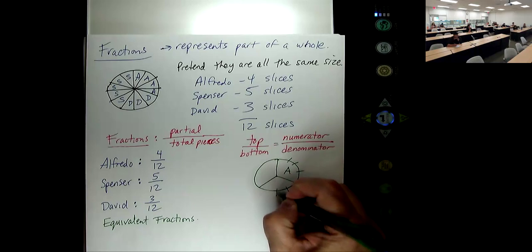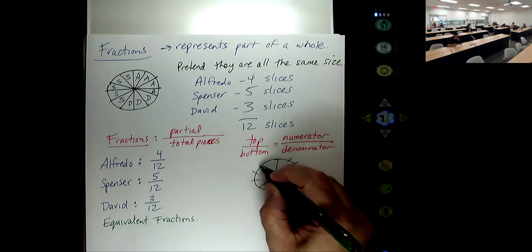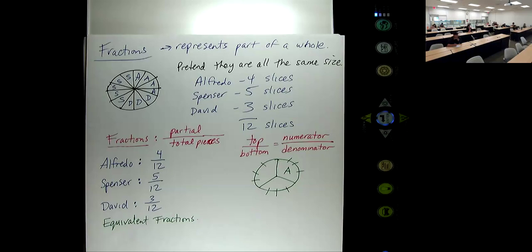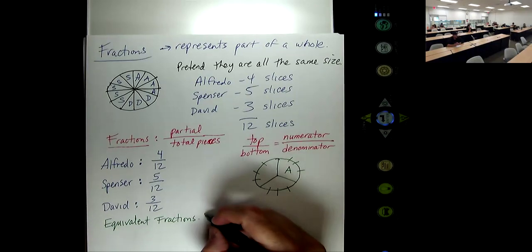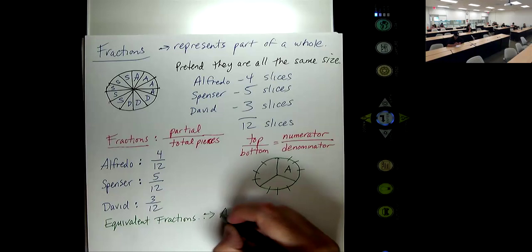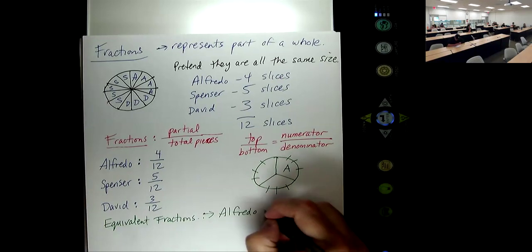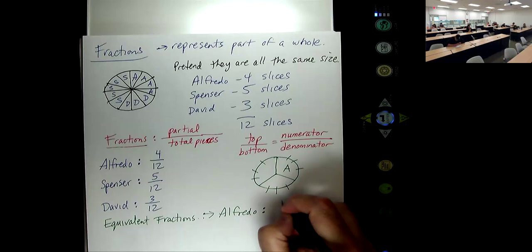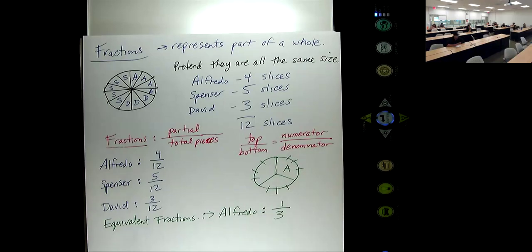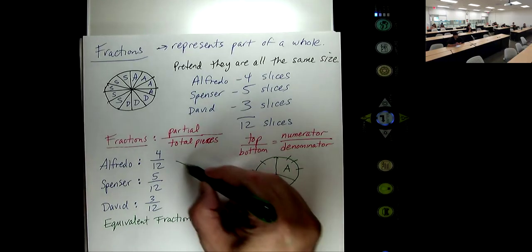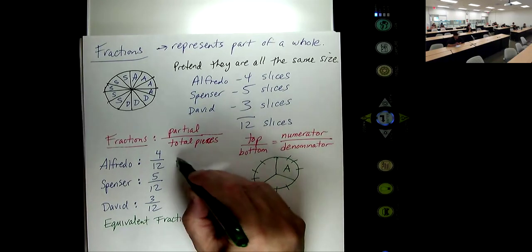I could have this over here as 4 slices and this over here as 4 slices. But I can also rewrite this for Alfredo as 1 out of 3. So 4/12 and 1/3 are equivalent fractions.